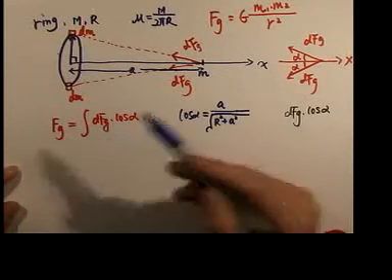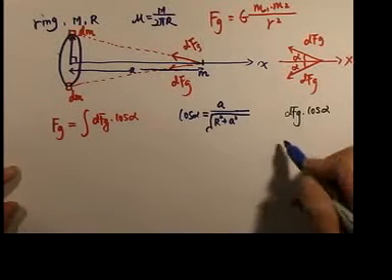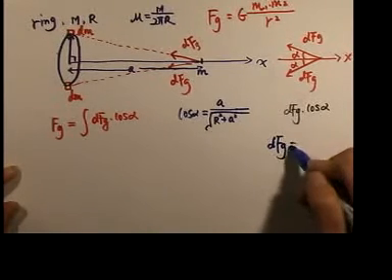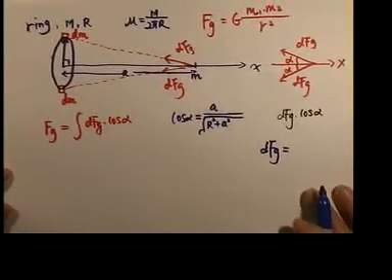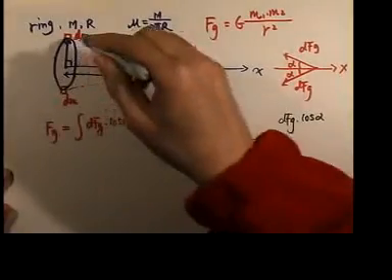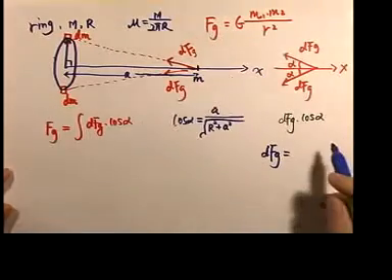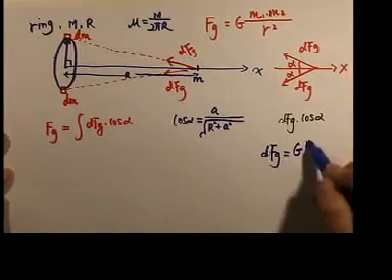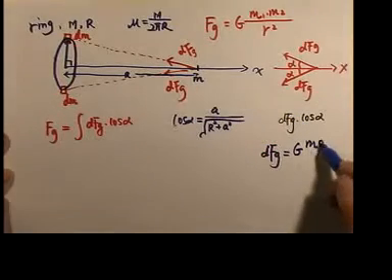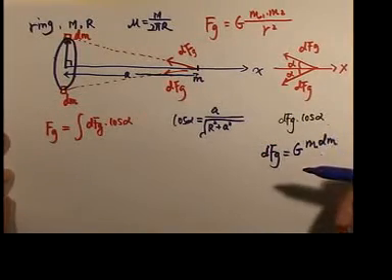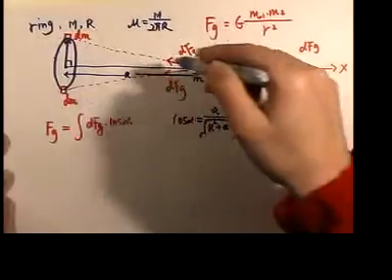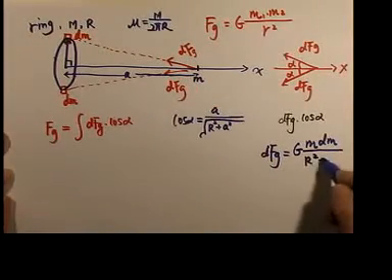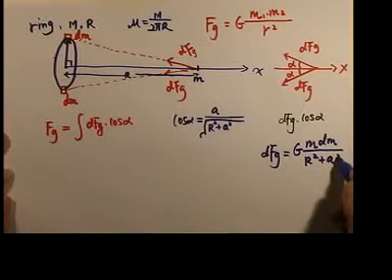Now we have to express dFg. It is a force between two point masses. One is dm, the other is m. So we have capital G, point mass m, and dm, divided by their separation squared, which is r squared plus a squared.